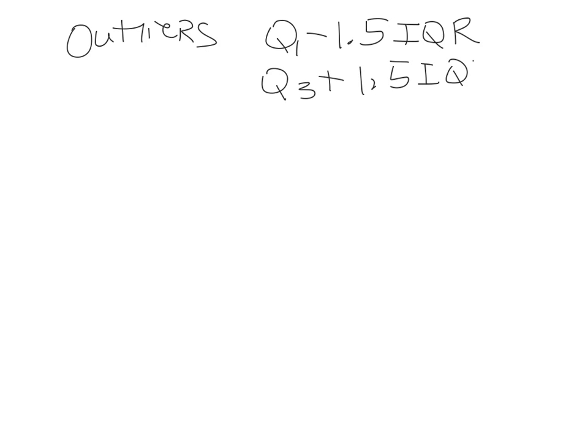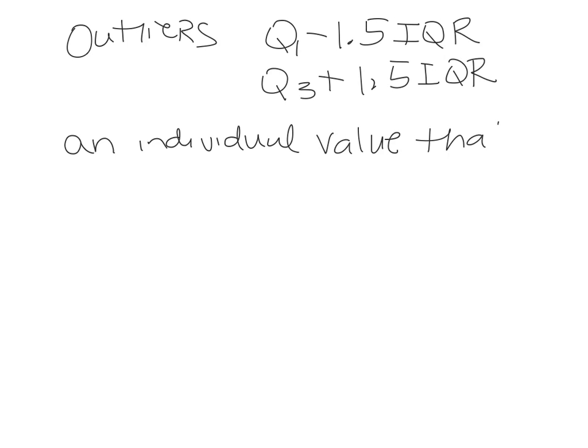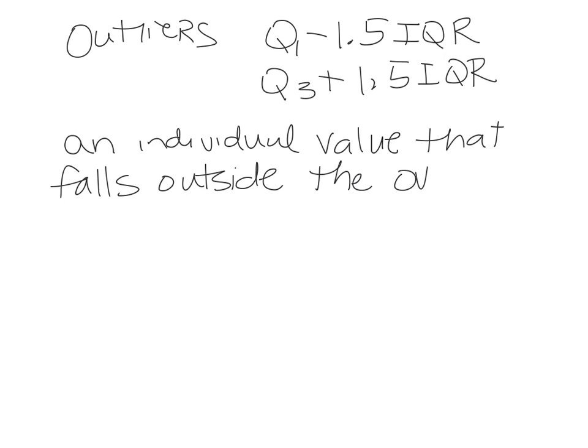And again, we'll worry about that formula a little bit later, but that's how you determine it. So an outlier is an individual value that falls outside the overall pattern.